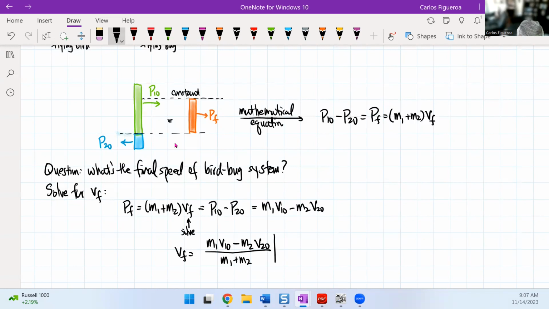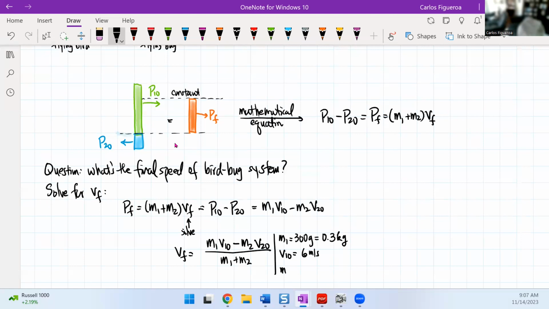So now let's look at our numbers here. What do I know? I know that the mass of the bird is 300 grams, which will be 0.3 kilograms. I know its initial speed, they tell us, is 6 meters a second.